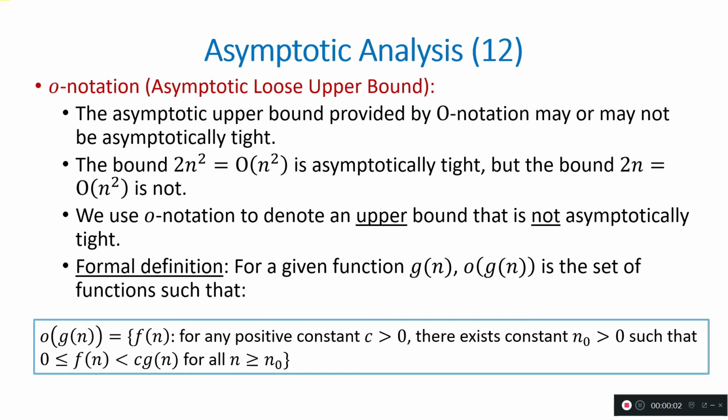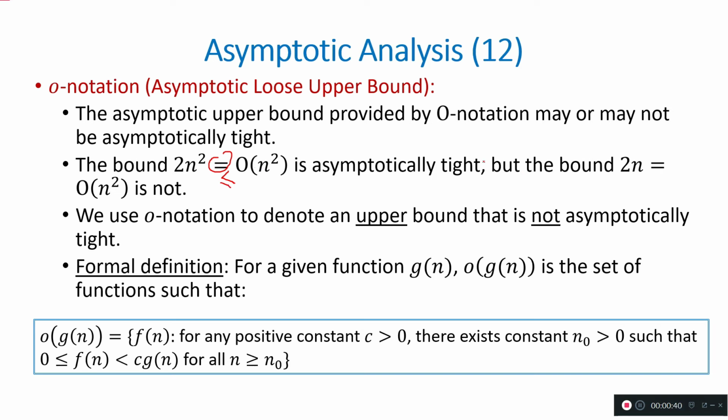The next asymptotic notation that we will be studying is the small o notation, which is actually the asymptotic loose upper bound. We have seen that the asymptotic upper bound provided by the big O notation means that it may or may not be asymptotically tight. For example, we can say that 2n squared is bounded by big O n squared, or we can say that this equal to is actually less than equal to big O n squared.